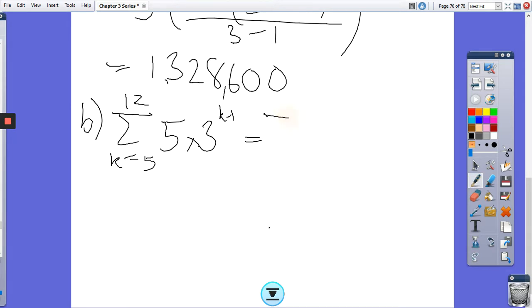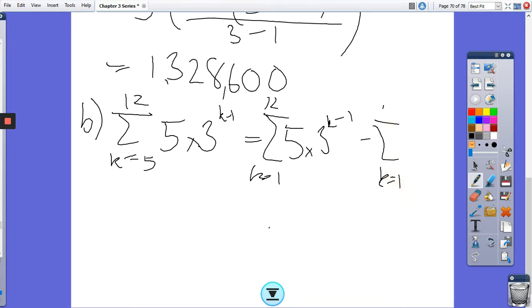So we're going to add up between k's 1 and 12 of 5 times 3 to the k minus 1, and we're going to take away the bit going up to 4. So it just leaves us with the 5 to 12.